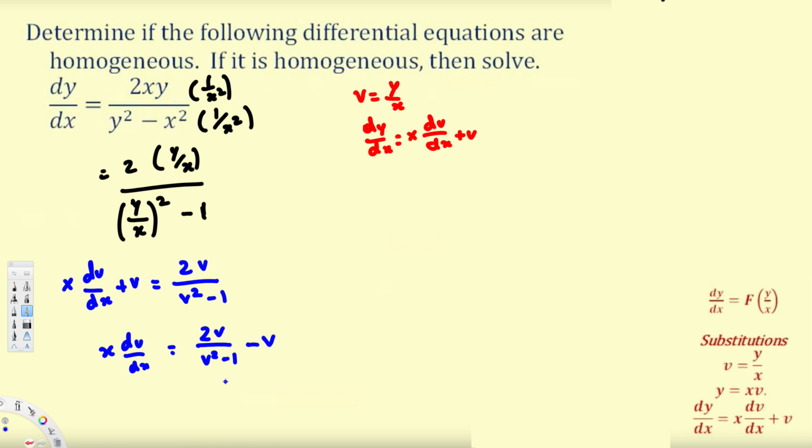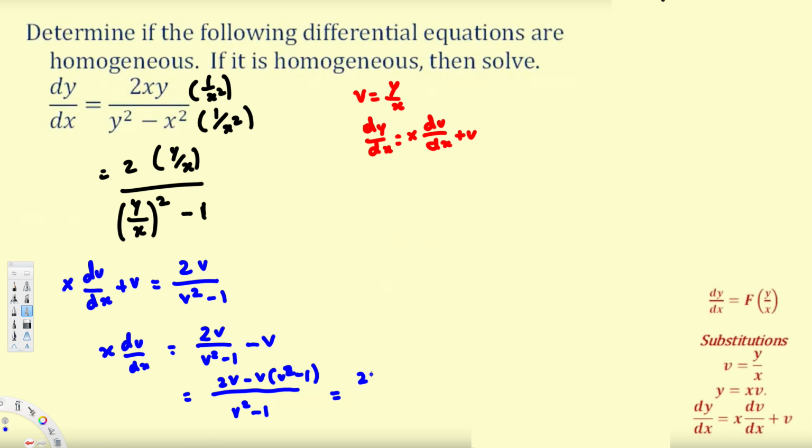And then let's write this in a better way. We can combine these two together. We can take v square minus 1 as the common denominator. If we take that as the common denominator, this is going to be 2v minus v times v square minus 1. Let's simplify this.